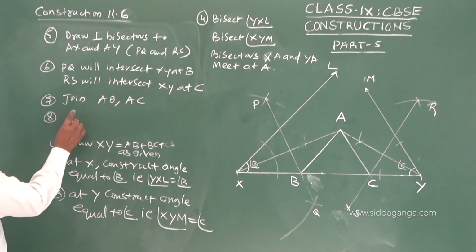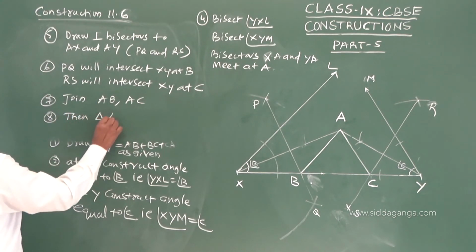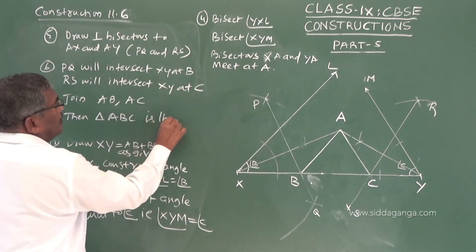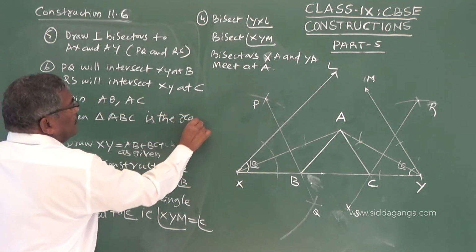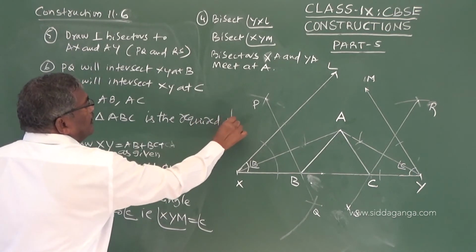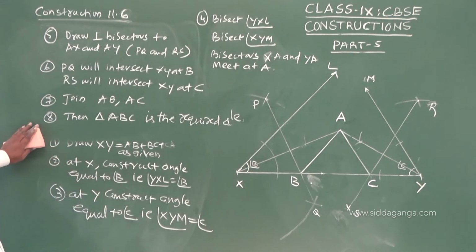Lastly, triangle ABC is the required triangle. So this completes the explanation part of it.